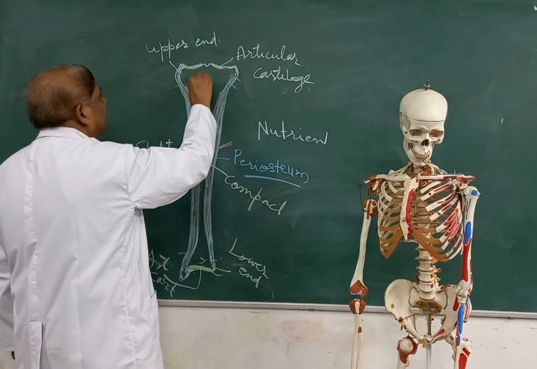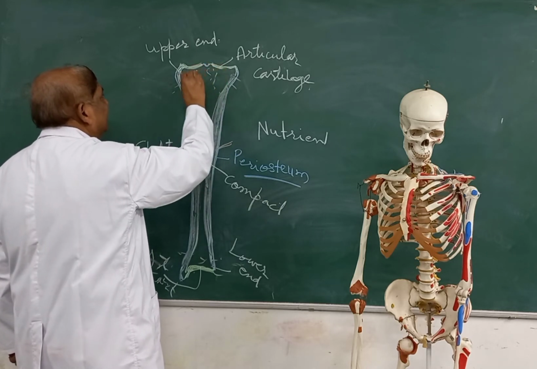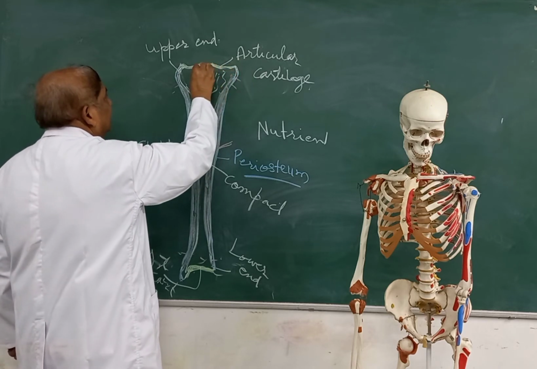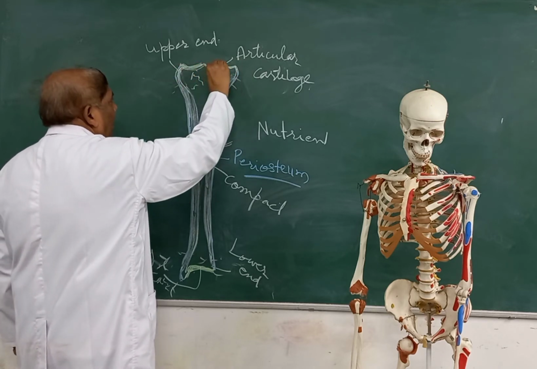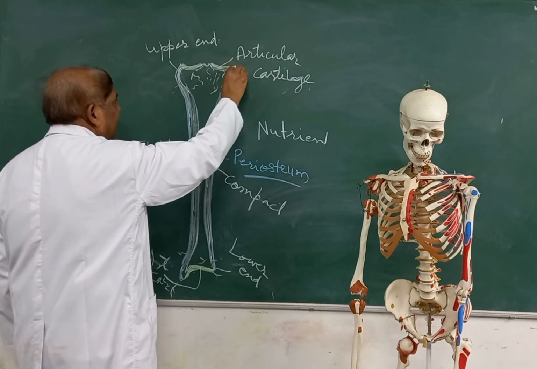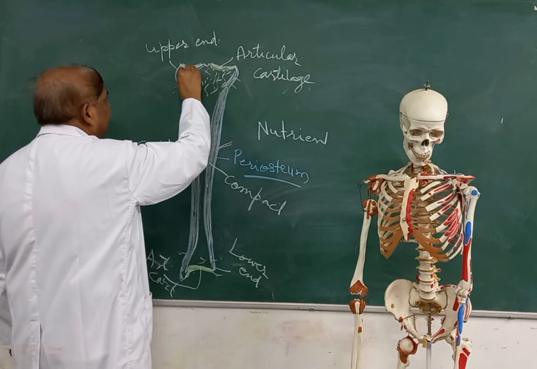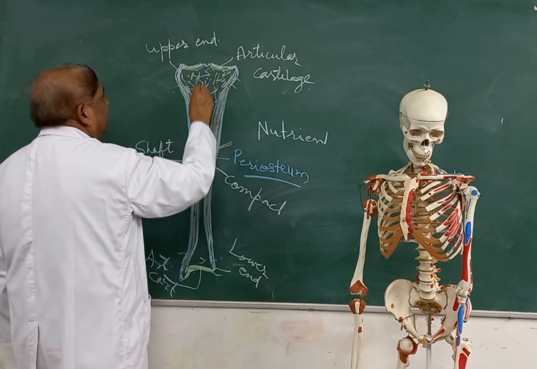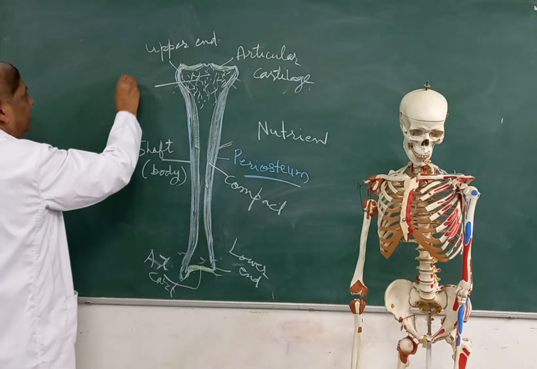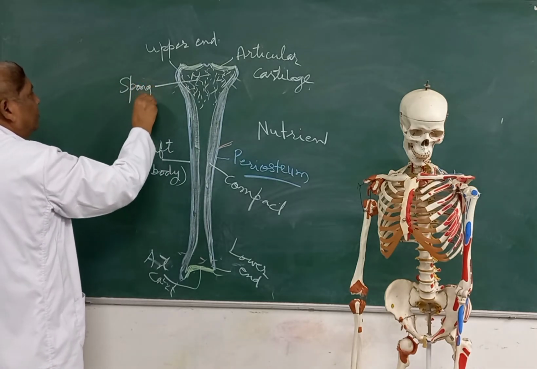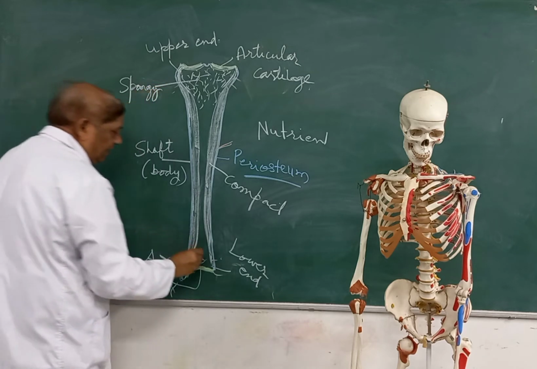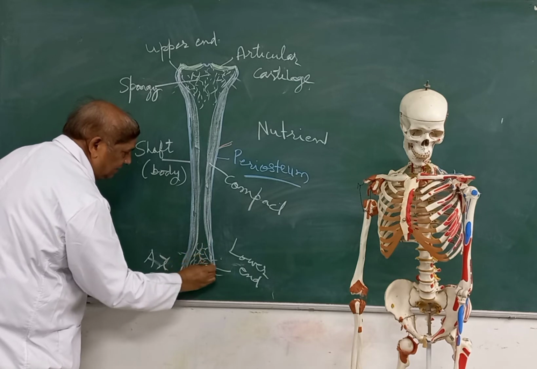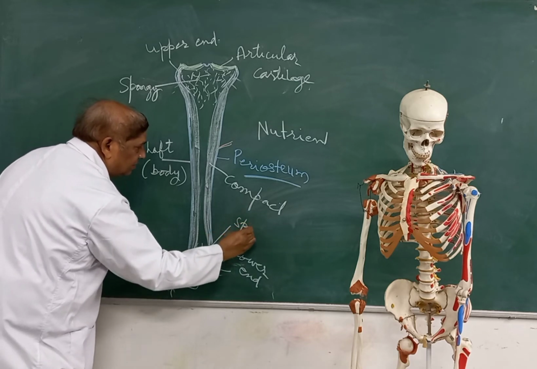At the ends, you will not see compact bone except a layer surrounding the ends, here, due to the articular cartilage. The rest of the area is occupied by another kind of bone called spongy bone, sponge-like. That's why both ends are knobby and enlarged, because they contain the spongy bone.